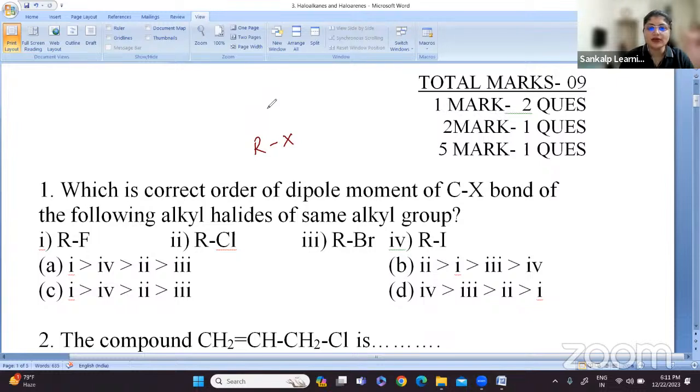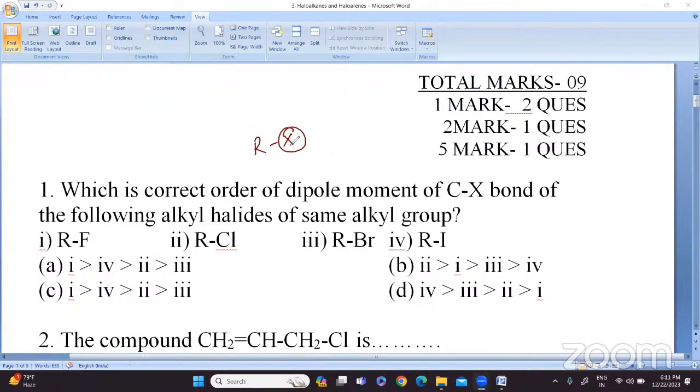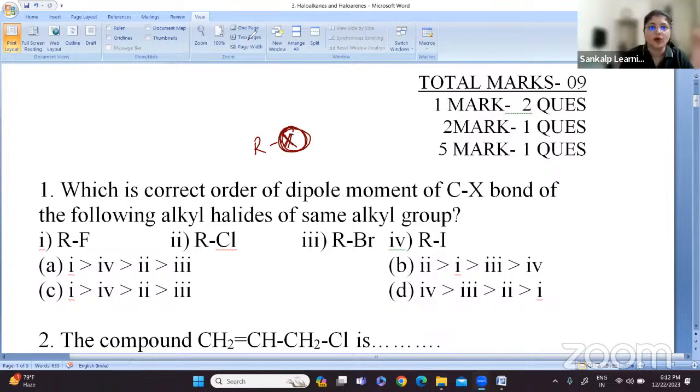Here the polarity of the bond is determined by which atom is attached. It is a halogen atom, and halogen atoms are highly electronegative.